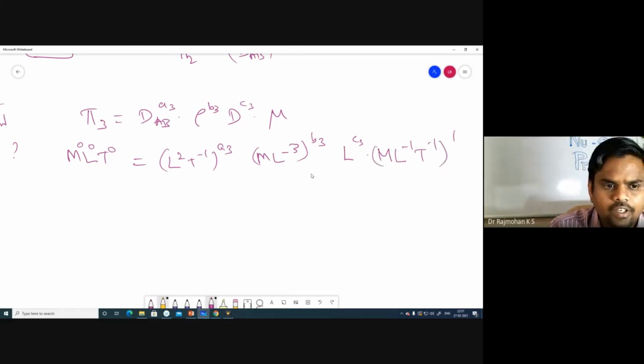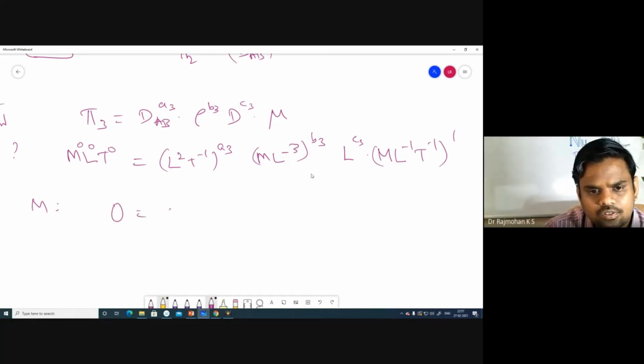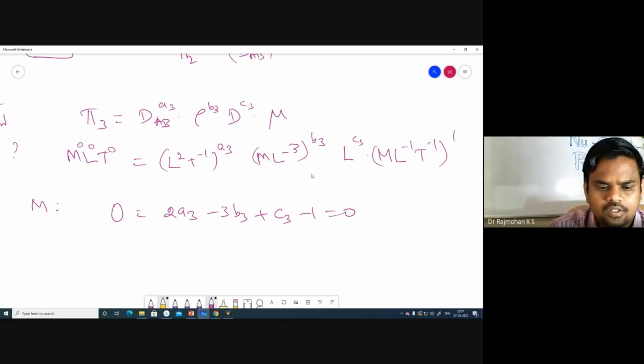Okay, so equating now the exponents of dimension L, we get the left hand side equal to 0, so 2a3 minus 3b3 plus c3 minus 1. Okay, that is the comparison of L. What is the comparison of M?